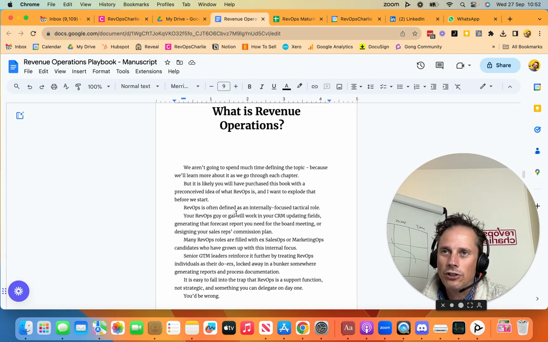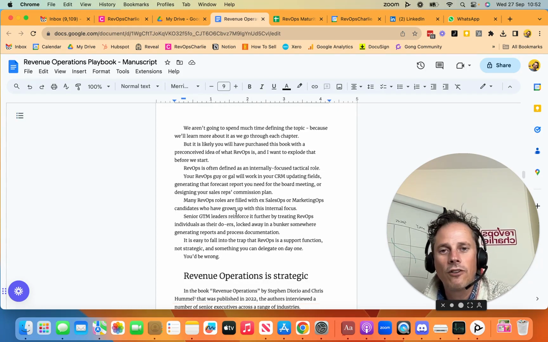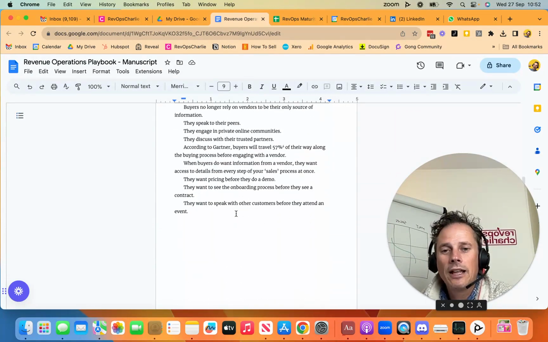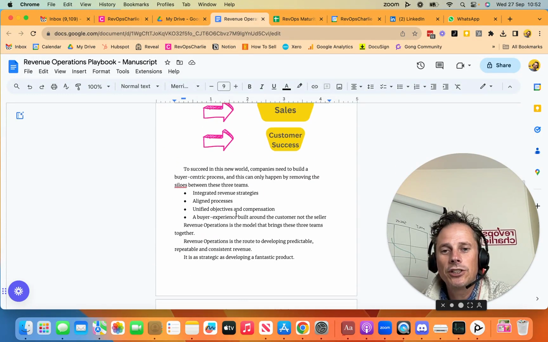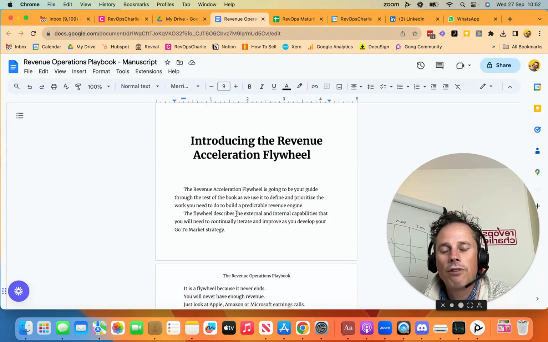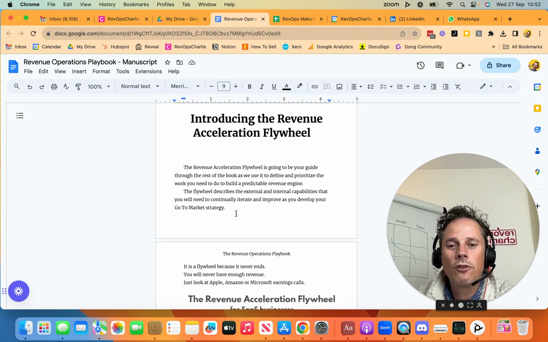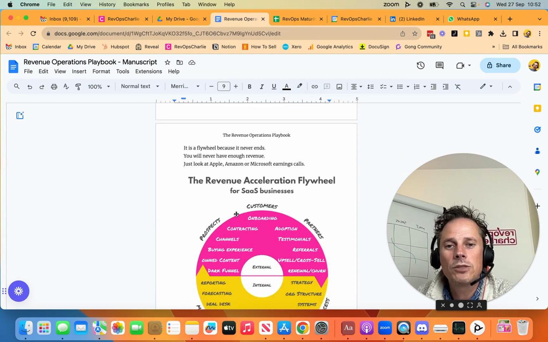And if you hold on to that misconstrued image of what RevOps is, then you'll miss the real strategic value of RevOps. But that is the only definition that we're providing. And then we move straight into the revenue acceleration flywheel, which becomes the heart of the next 22 chapters of what this book is.